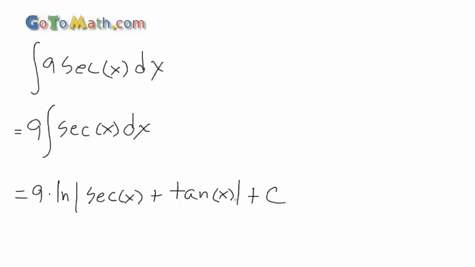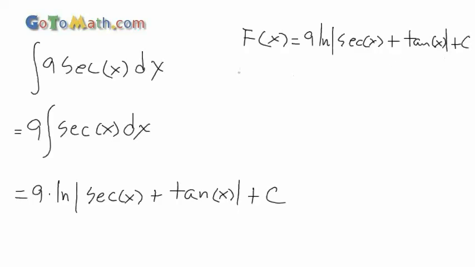Okay. So once again, we can take the derivative of this and get back the integrand, and heck, let's just do it. We've got capital F of x equal to 9 natural log of secant x plus tan x, close that off, plus c.